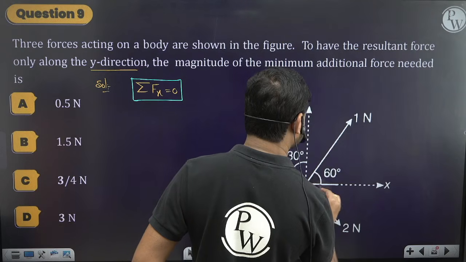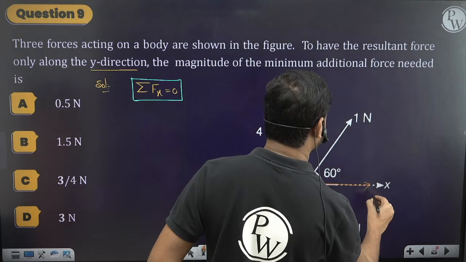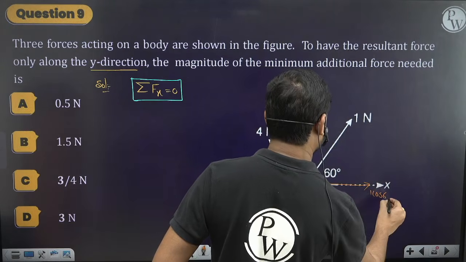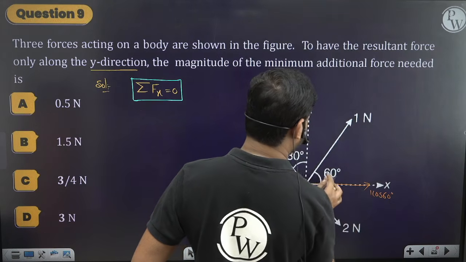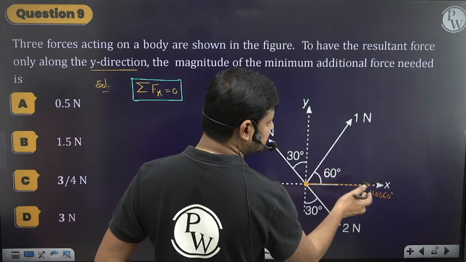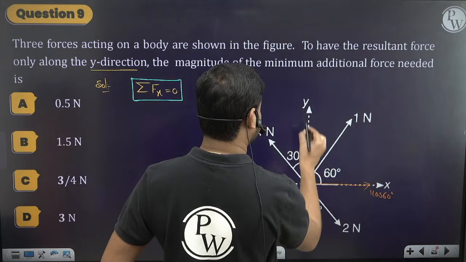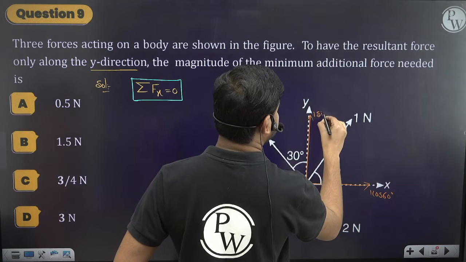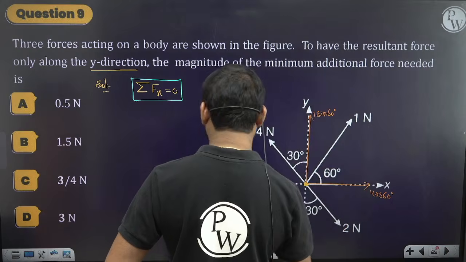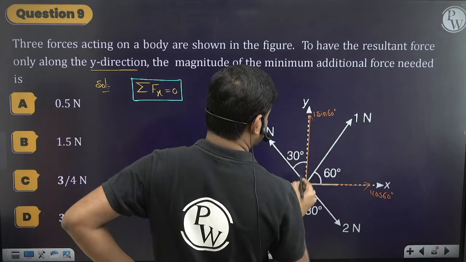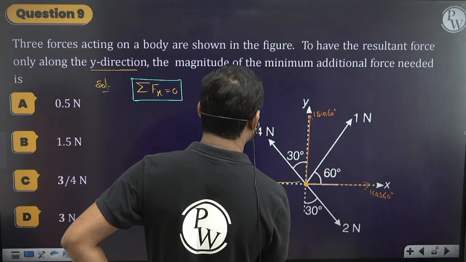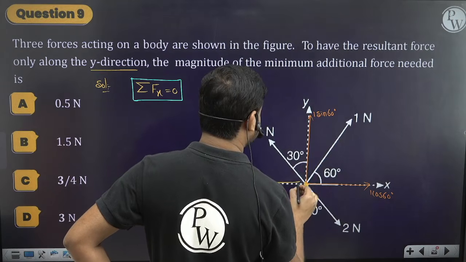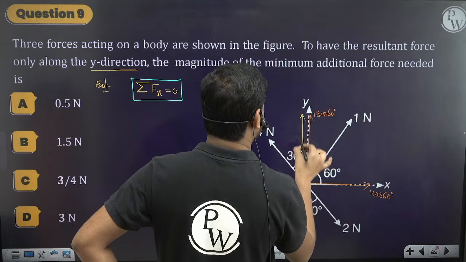This side component is going to be 1 cos 60, since the magnitude is 1 and the angle is 60 degrees, so the cos component comes. The other component comes out to be 1 sin 60 degrees. Next, the 30 degrees will have two components: this side 4 sin 30 degrees, and this side 4 cos 30.